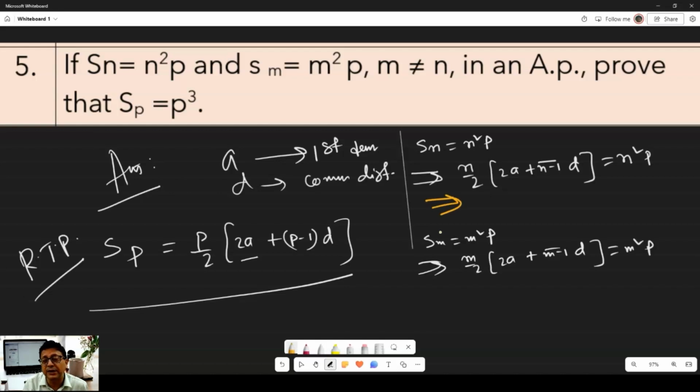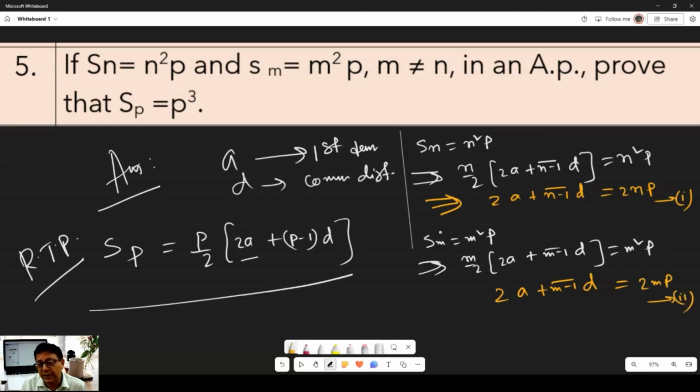Here you can see that 2a plus (n minus 1)d equals, taking these two over there and dividing by n, 2np. Now write this as 1. And from here 2a plus (m minus 1)d equals, again dividing by m by 2, 2mp. Clear? Done?